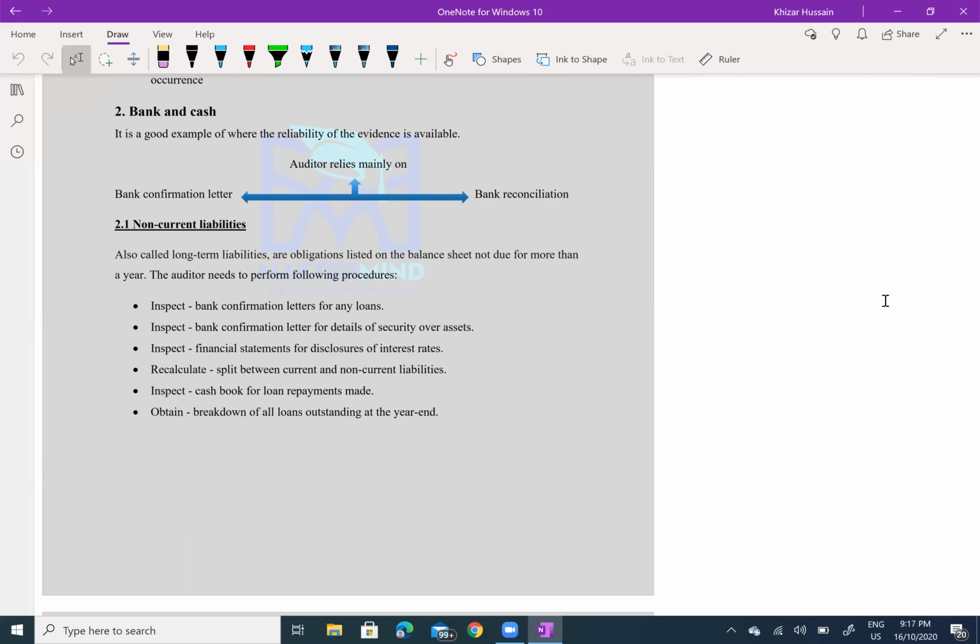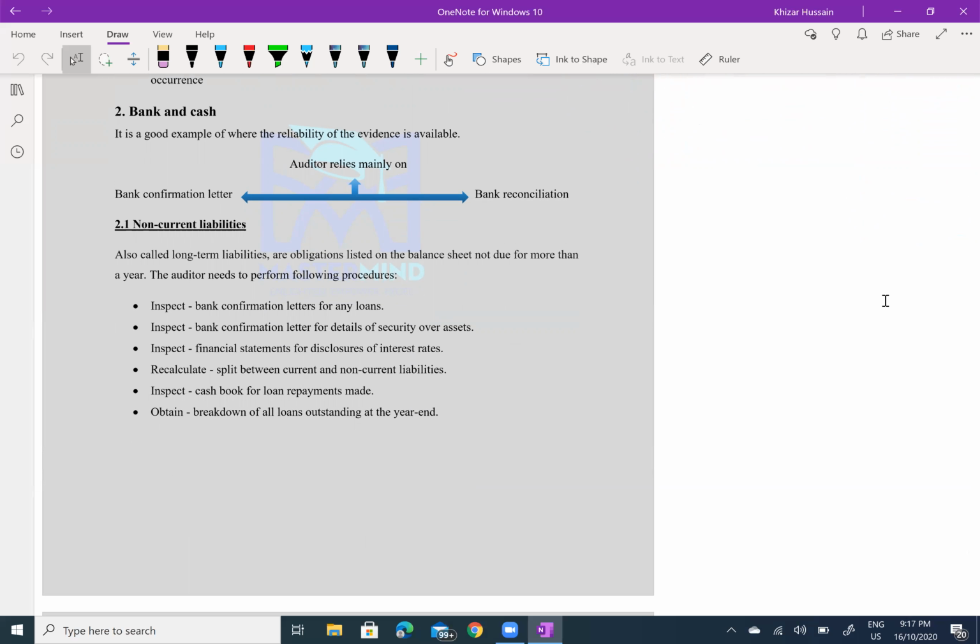You send a bank confirmation to the banks. They respond with the balance that the company has deposited with them, any advances given by the bank, any loans given by the bank, any liens or charges on the account balance, any overdrafts taken. All these things are reported in a bank confirmation.